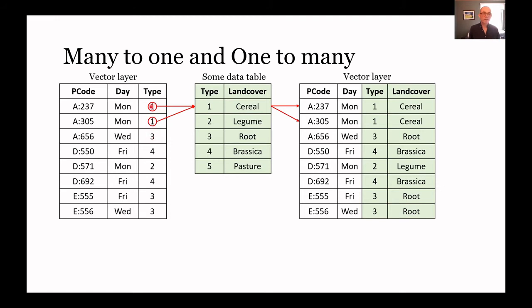And then when we need to find out what that means, we can go to this lookup table here and say, well, 1 means cereal. Rather than having to store cereal several times over. This takes up a lot more space in our database than this. So this is a typical use of that sort of function, this joining over to here. So we then end up with our vector layer where we know what these types actually mean.